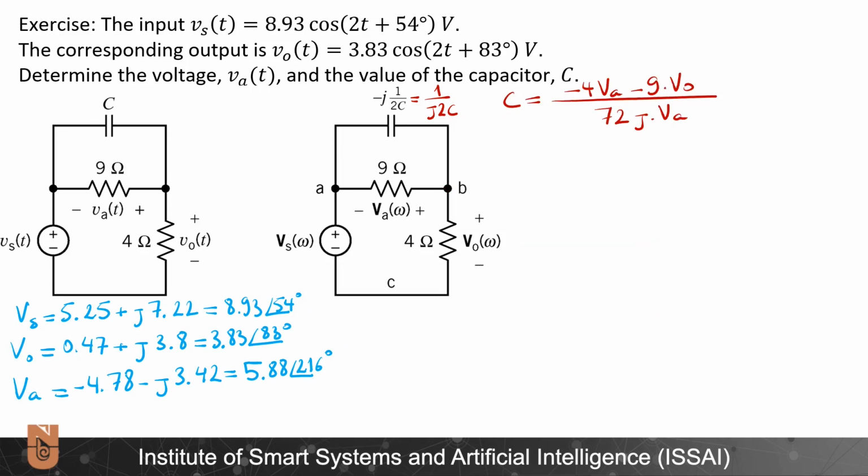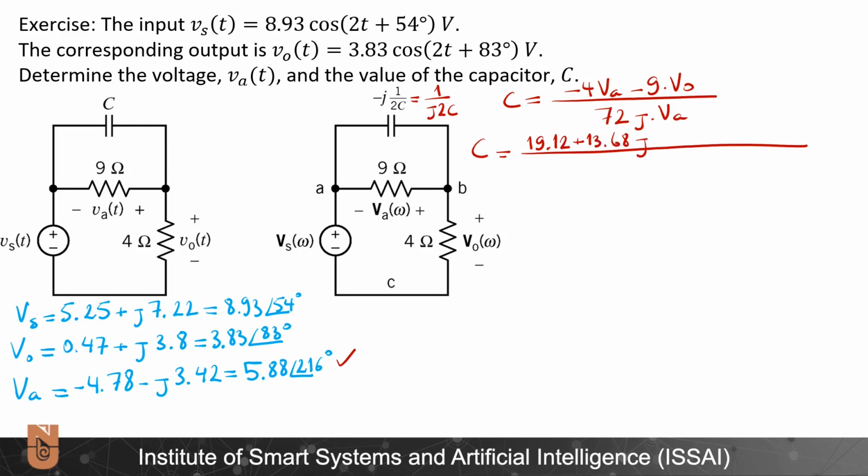Alright, let us start our adventure in complex algebra to solve this question. C is equal to, I will make a long line here, minus 4 times VA. VA is given here, so it will be 19.12 plus 13.68j.